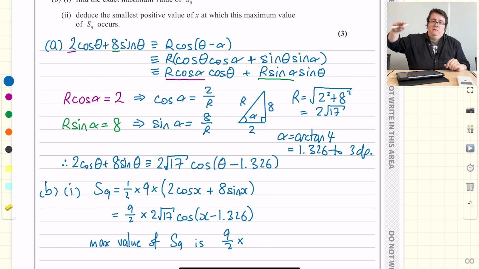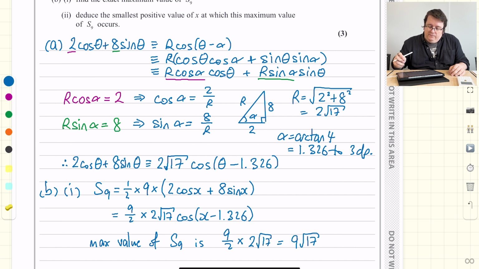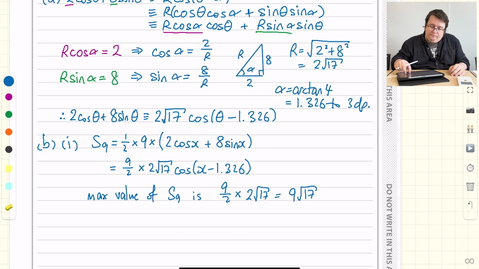That 2 root 17 means that the cosine curve is going between minus 2 root 17 and positive 2 root 17, because cosine goes between minus 1 and 1. So 9 halves times 2 root 17, which is equal to 9 root 17. So that's the maximum value.